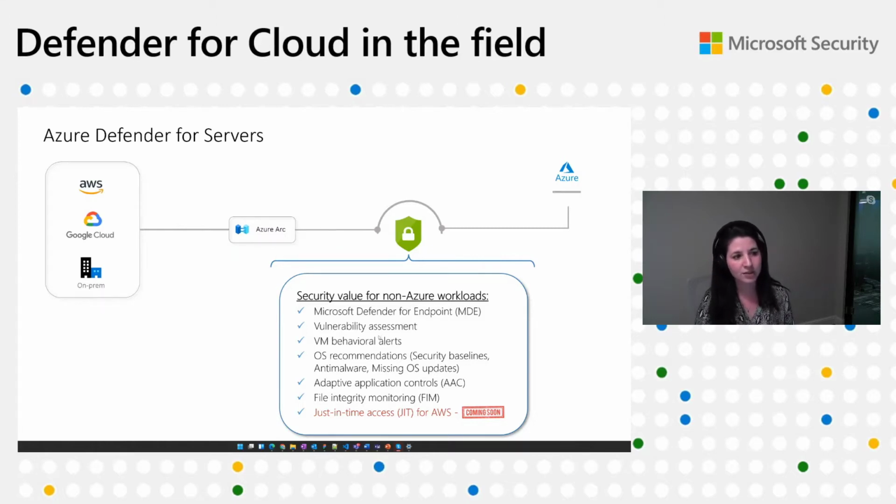The rest of the items, the VM behavioral alerts, OS level recommendations, adaptive application controls, and file integrity monitoring, are dependent on the log analytics agent. In addition, we have a new item coming soon, which is JIT. JIT will be available soon in AWS without any dependency on any agent or extension. That's awesome. Yeah. All right, cool. Thanks for putting together this summarized list.